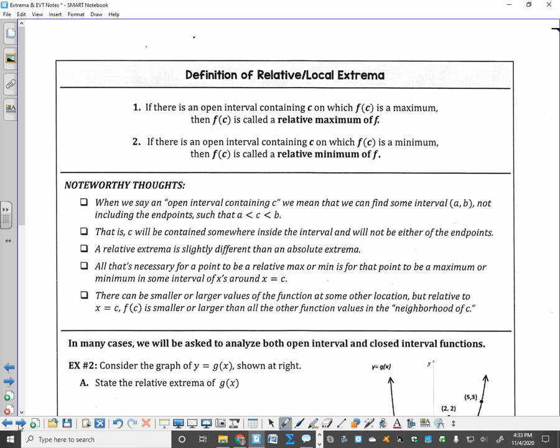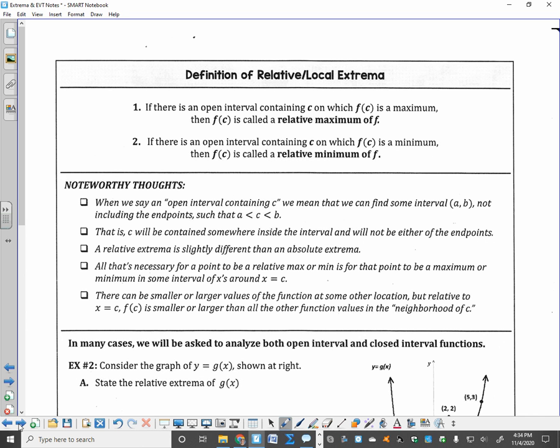All that's necessary for a point to be a relative max or min is for that point to be a max or a min for all the x's that are around it. There can be smaller or larger values of the function at another location, like the Blue Ridge Parkway, but relative to x equals c, f of c is smaller or larger than all of the function values in the neighborhood of c. So in Surry and Stokes County, Pilot, Hanging Rock, and Sauratown are relative maxes.